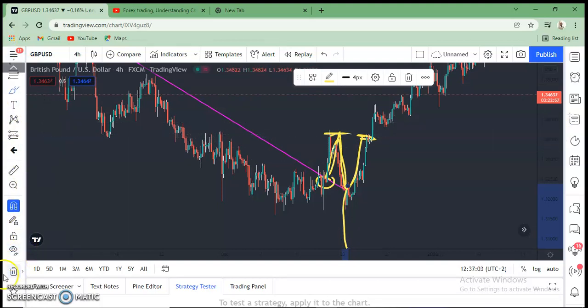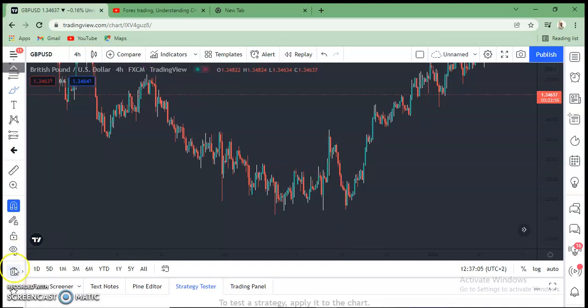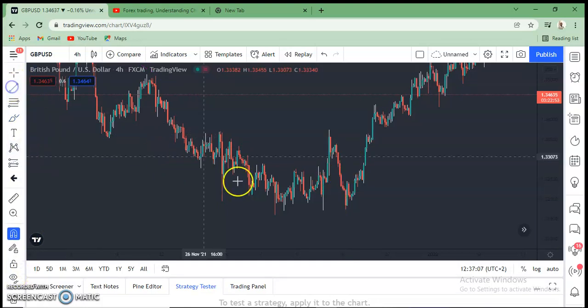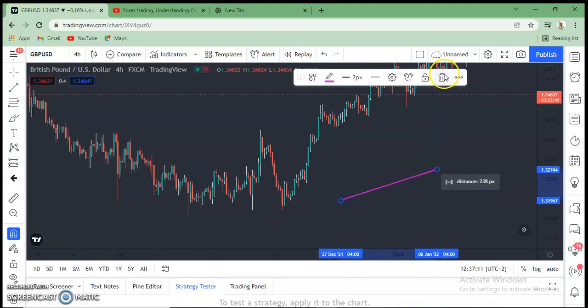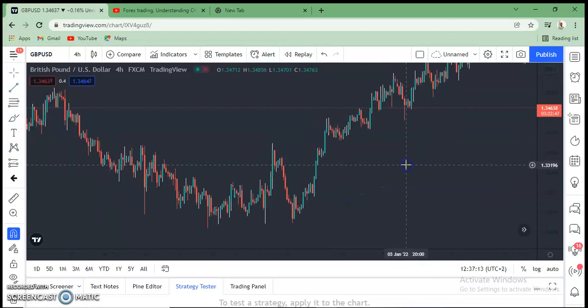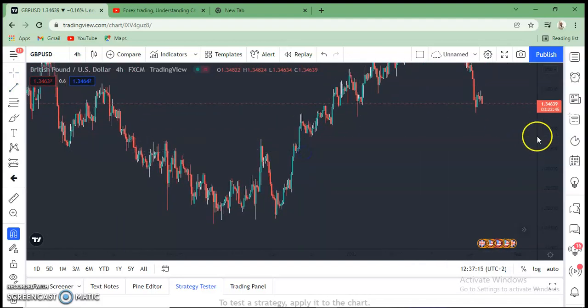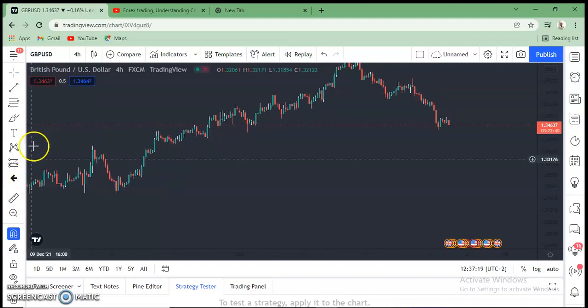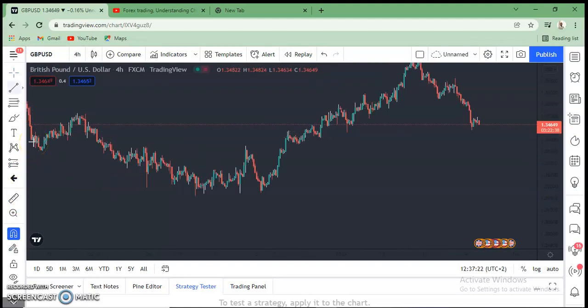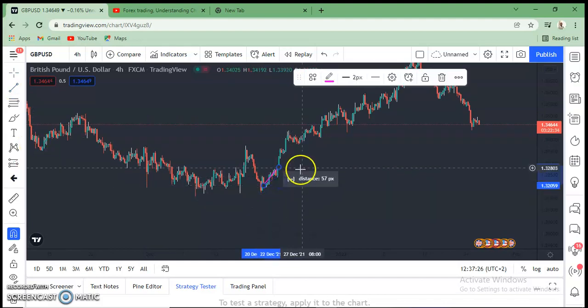Also, when do we determine when to sell? We'll draw this trend line here.